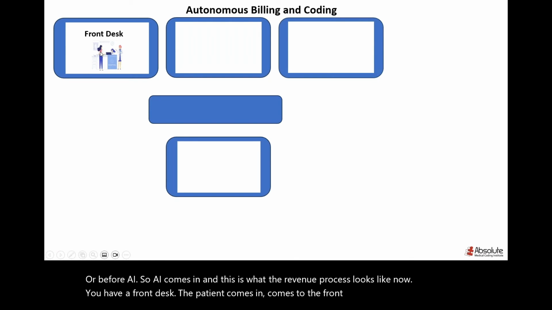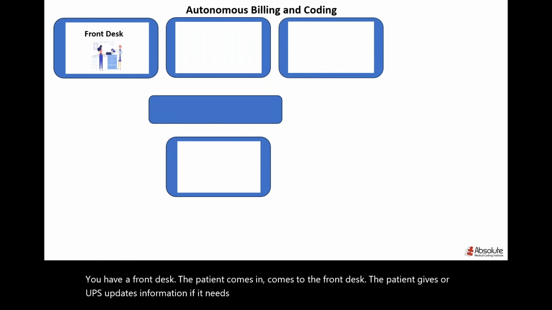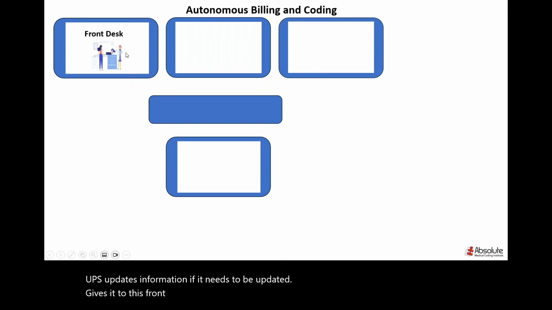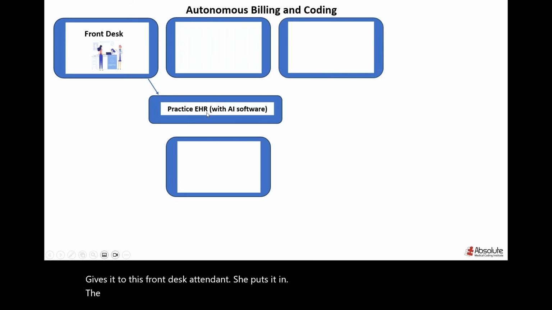The patient gives or updates information if it needs to be updated, gives it to this front desk attendant. She puts it in the practice's electronic health record that contains this AI software.